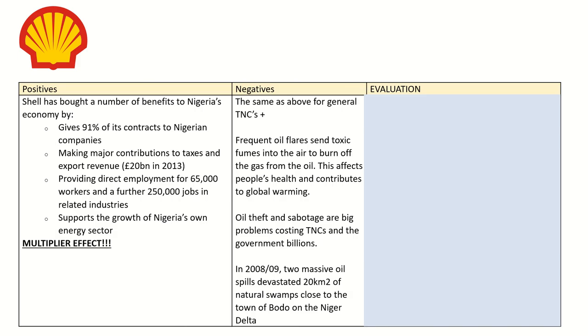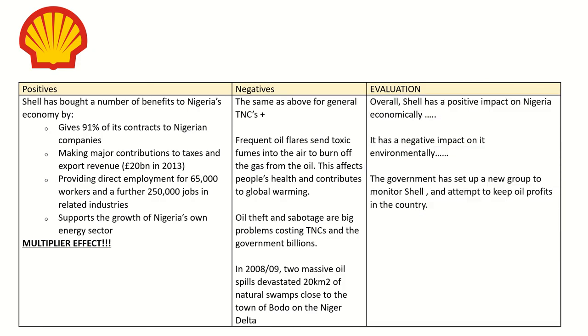But not only do Shell's profits go back to the UK, not only do they give a lot of the highest paid jobs to foreign workers, the environmental consequences of them, from the frequent oil flares, two massive oil spills in 2008 and in 2009, destroying the town of Bodo on the Niger Delta, all mean that realistically, from an environmental standpoint, they probably are really negative.